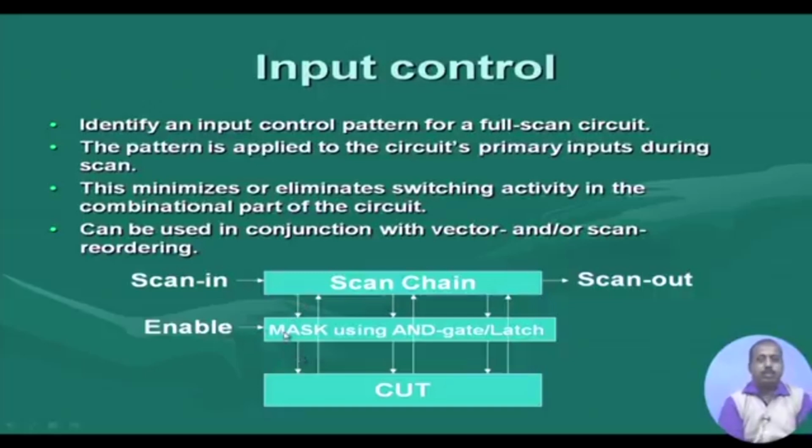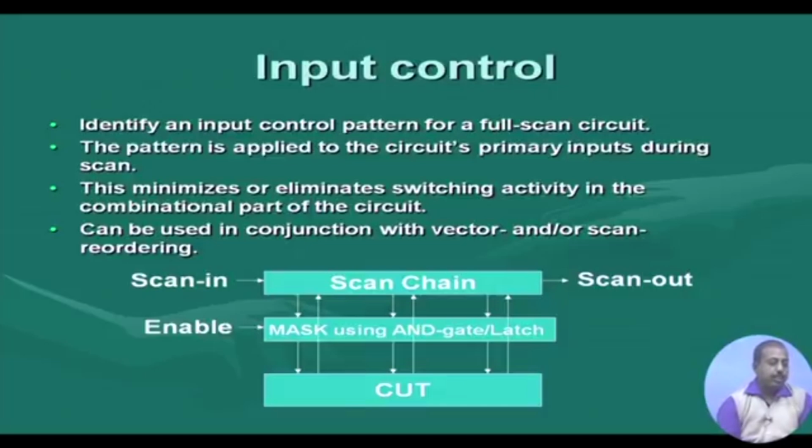It may be a transmission gate based mask, AND gate based mask, or latch based mask, whatever. They do not allow these scan chain values to reach the circuit. As a result, the circuit will not see any transition.